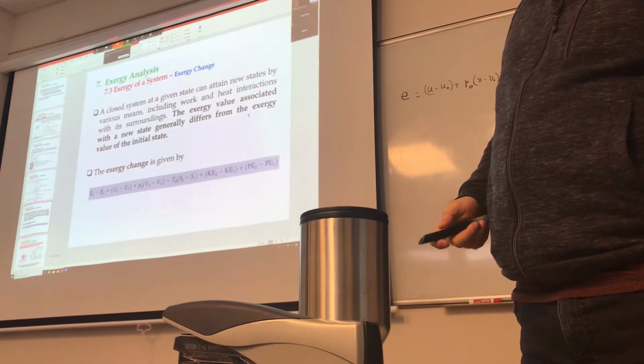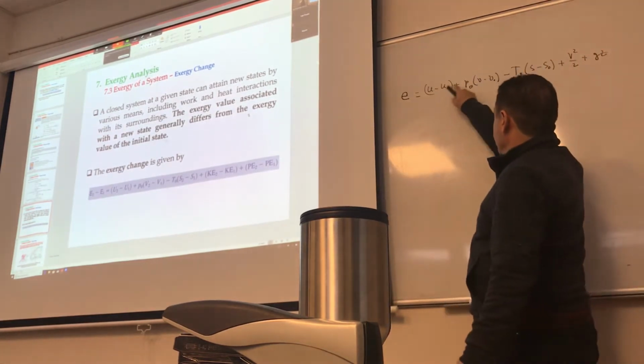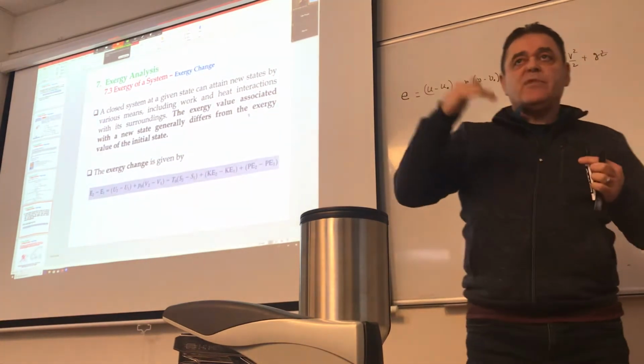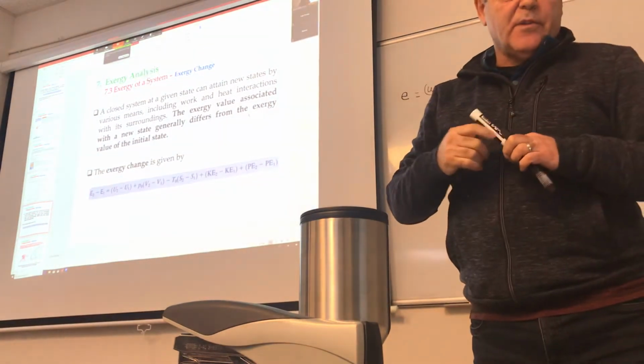Afterwards, we said, okay, this exergy is with reference to a reference state. But what if you have two states and you want to find out how the exergy changes between them?